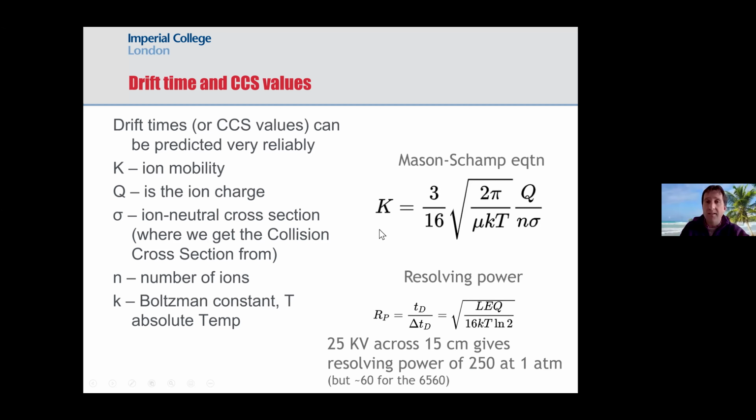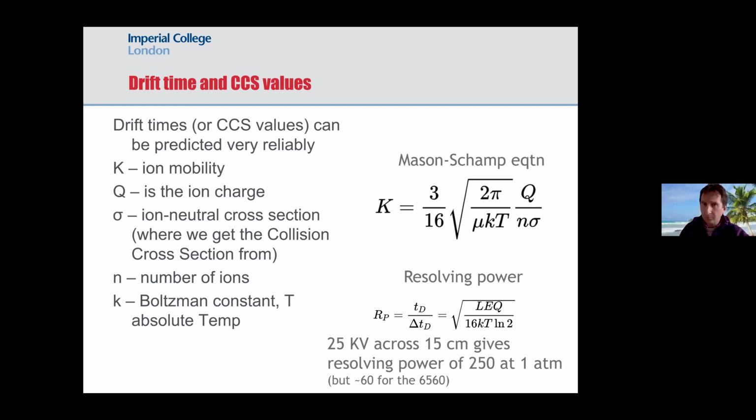So we've got ion mobility, and ion mobility is dependent on the charge of our ion, as we might expect, and also inversely dependent on this value sigma, which is the ion neutral cross-section. So this is related to how big our ion is that's going through the drift tube and how it's hitting into our neutral gas ions as it goes through that tube, and that's where we get the collision cross-section from.